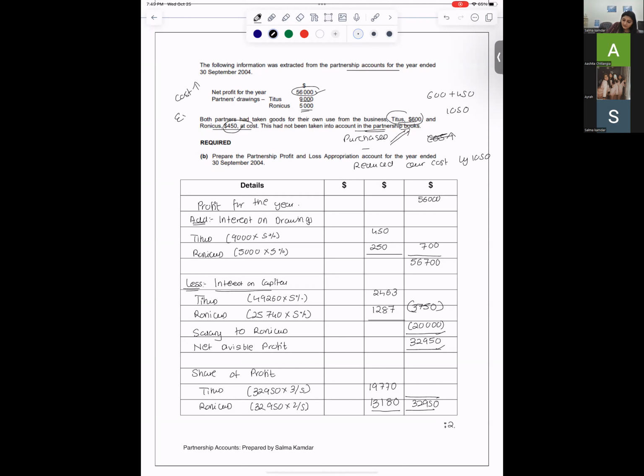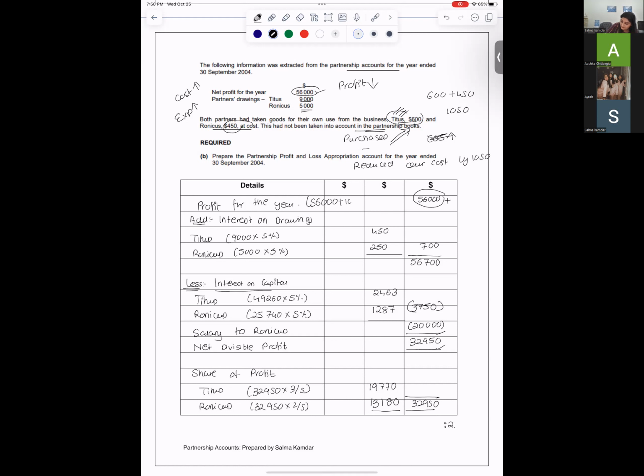If cost was more, it means expenses were more. If expenses were more, that means the profit was less. Profit was understated by 1050 because I did not record the goods for own use. So I will add the 1050.